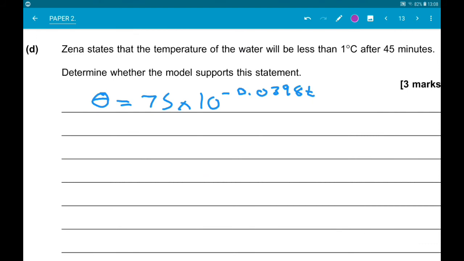Zena then states that the temperature of the water will be less than 1 degree after 45 minutes. Determine whether the model supports this statement. So, put t equals 45 into the model.